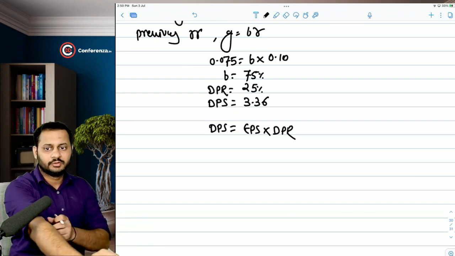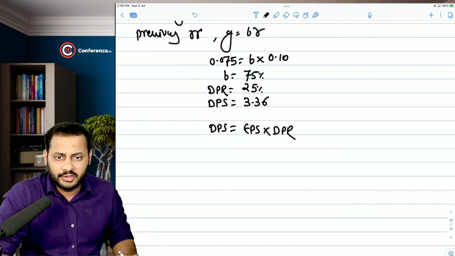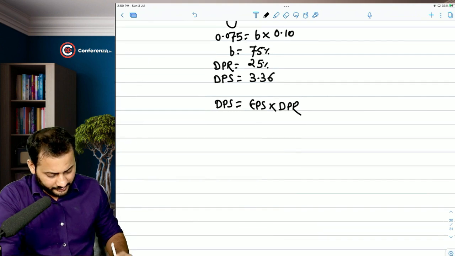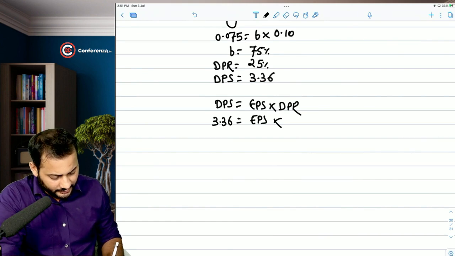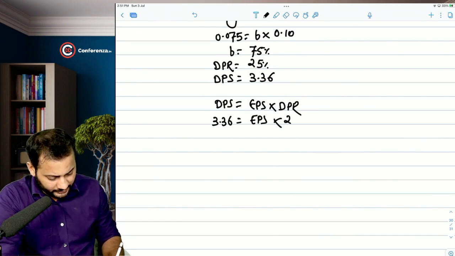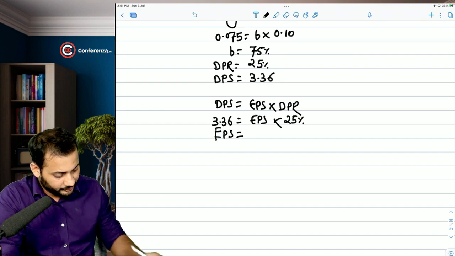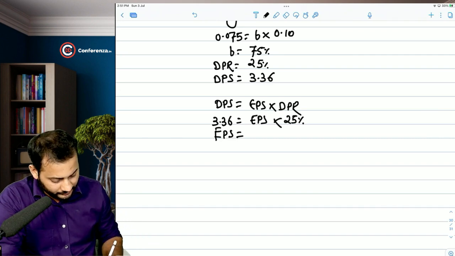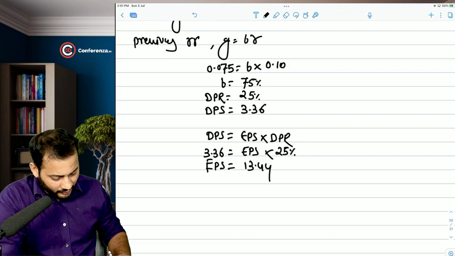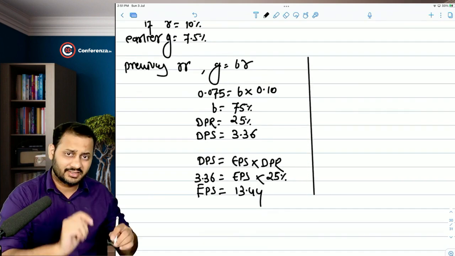Okay, sorry for the delay. So EPS into dividend payout ratio. Now you have the DPS figure, which is 3.36. EPS is yet to be calculated and DPR was 25%. With the help of that you will reach the earnings per share, which comes to 13.44.